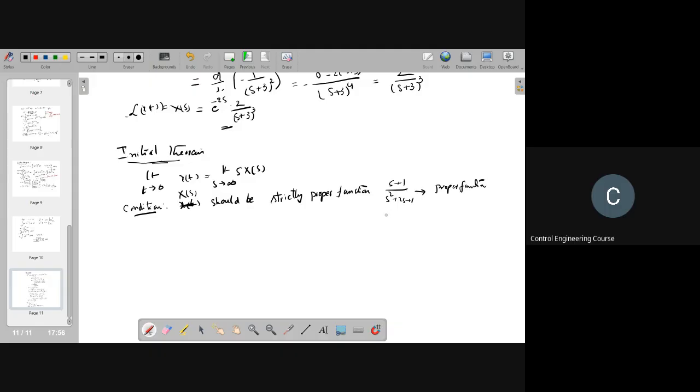If the numerator and denominator are of the same power, then it is not a strictly proper function. Why do we need this kind of condition?